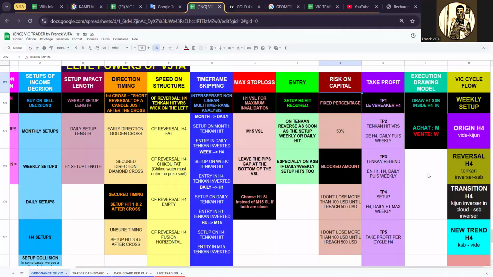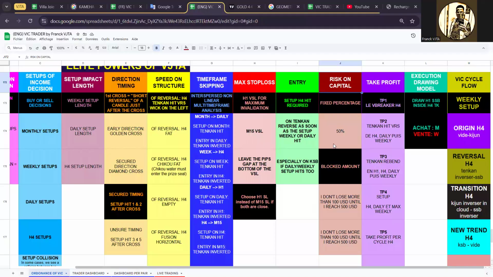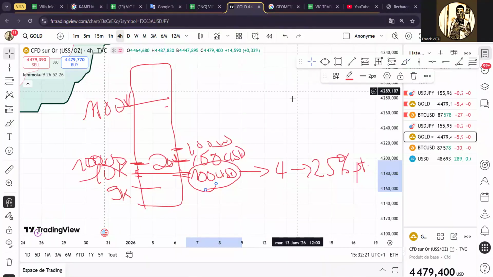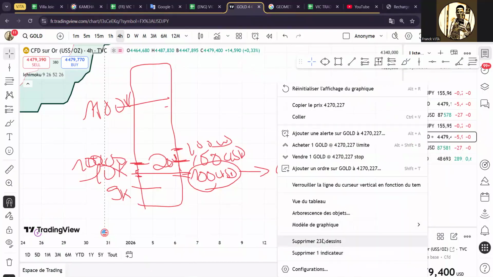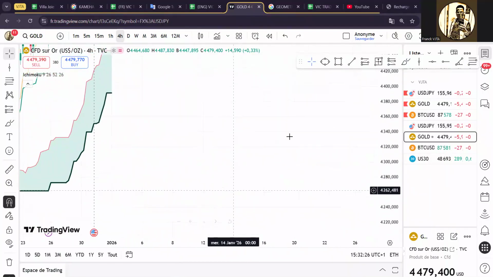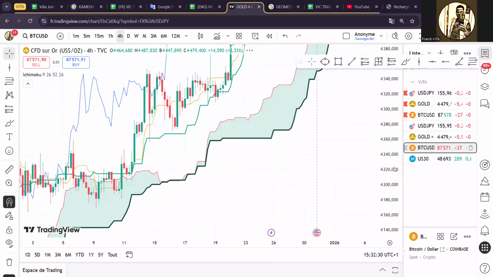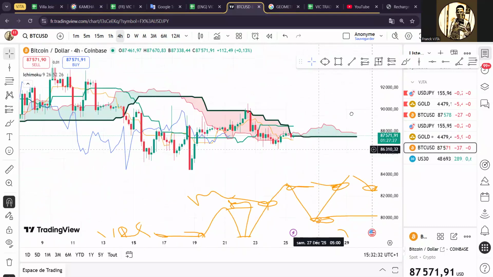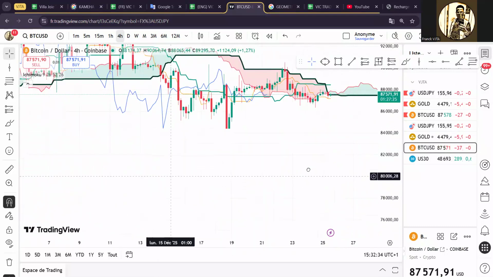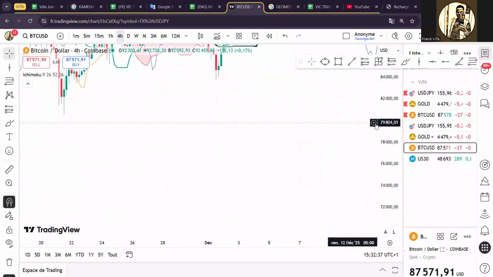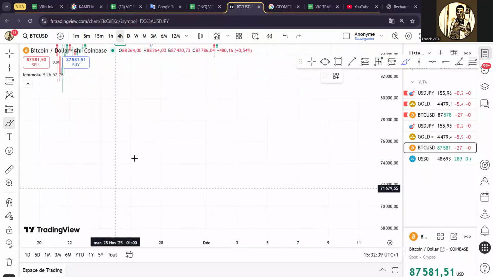That's the way to risk on your capital. Okay. So now let us talk about the take profit. We have many take profits. So let us go on Bitcoin.